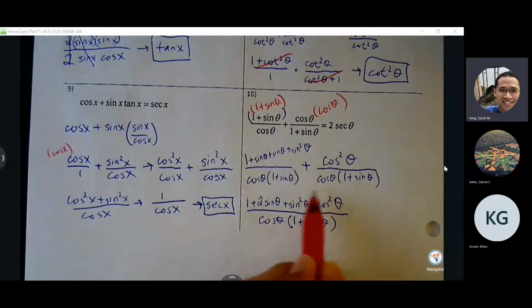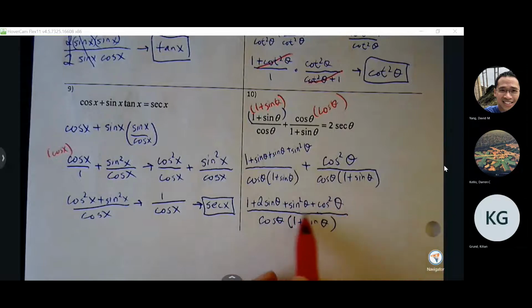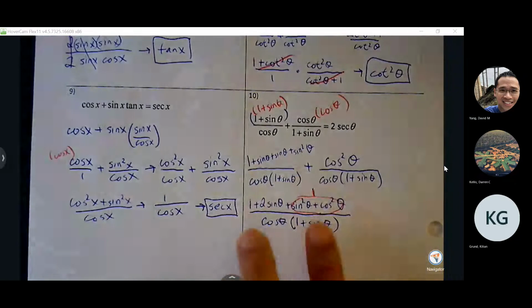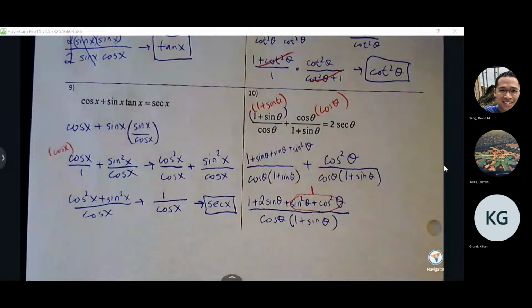Okay. Sine squared plus cosine squared becomes 1. 1 plus 1 is 2.